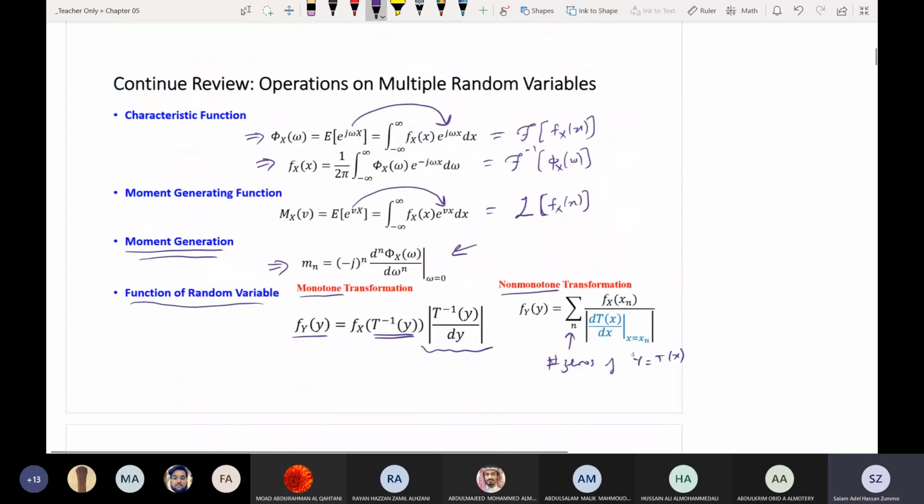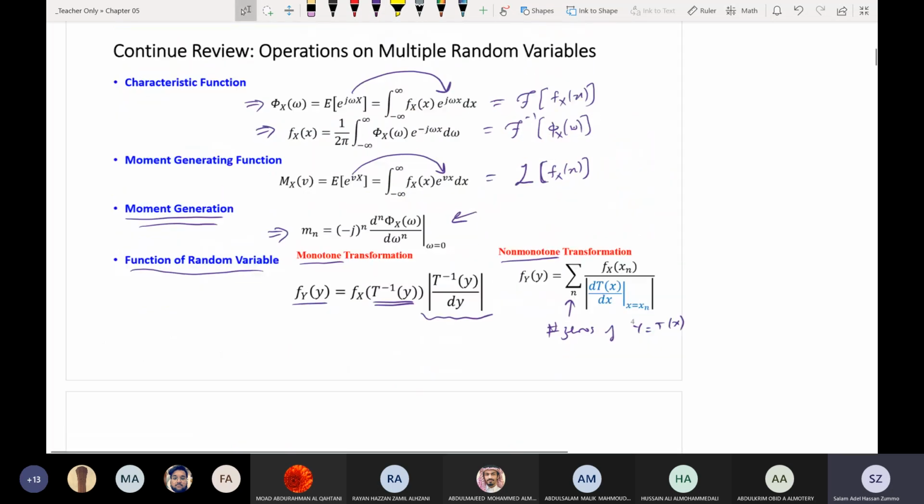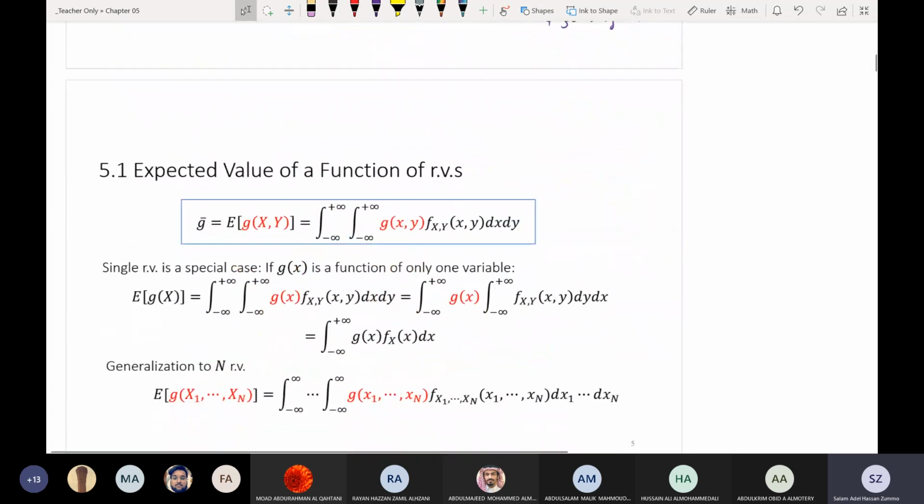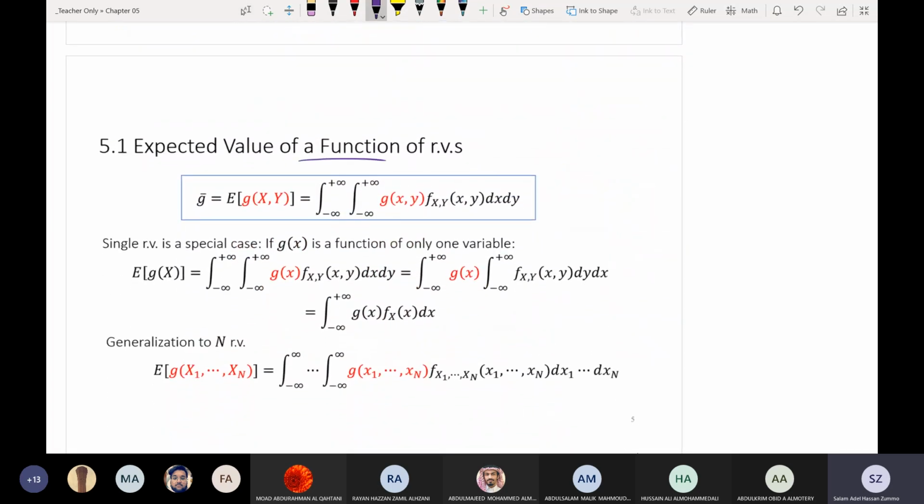So now, knowing all this, we would like to expand this for multiple random variables. So the first thing we start to do is to define the expected value of a function of several random variables, not a single random variable. So here we define, for example, g of x, y.